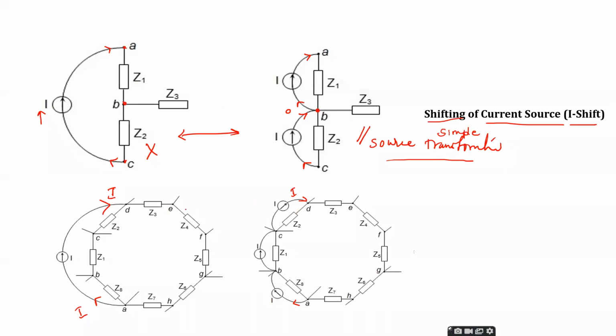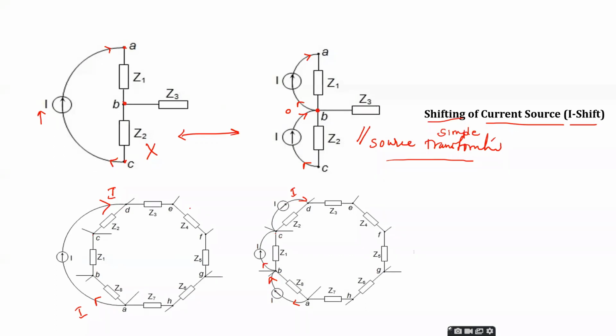We have satisfied that these two are one and the same. And at node B and C, there is no current I. Same thing is happening here. The I current is entering, the same I current is leaving. So the net current of I at B is 0.